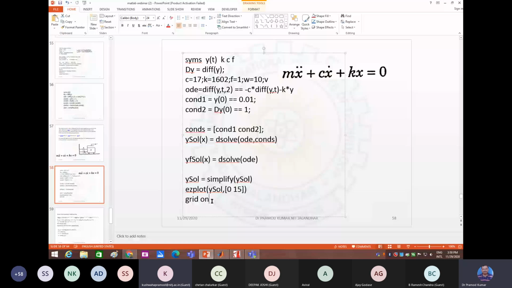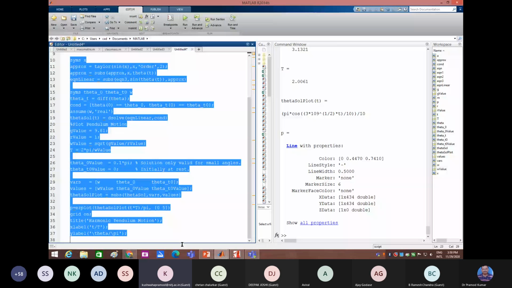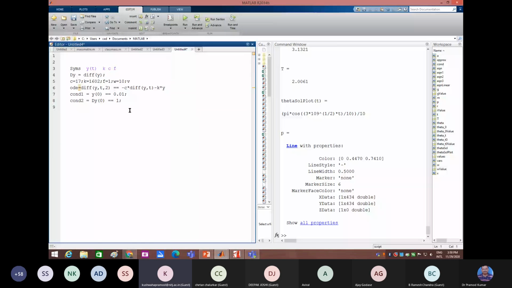Let us first define this equation in your Matlab. First we define the equations and conditions, and then we solve this.